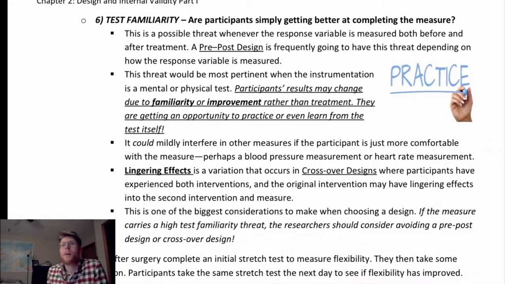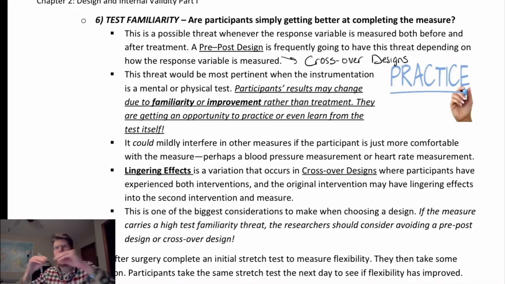The last category of validity threats is test familiarity, and this is specific to pre-post designs, and I'd also say somewhat to crossover designs. Crossover has some other things built in, so that if I have a treatment group and a control group and then they switch, technically I do have the first measurement from both, one from treatment and one control that I can compare, kind of like a randomized controlled experiment.